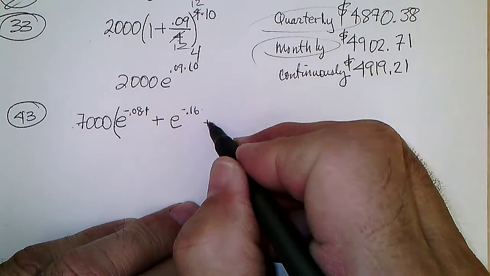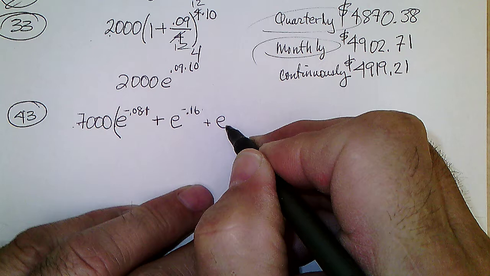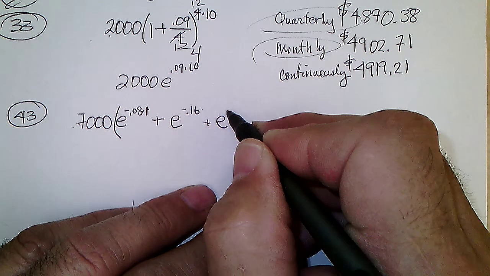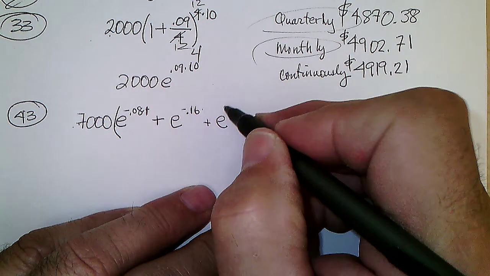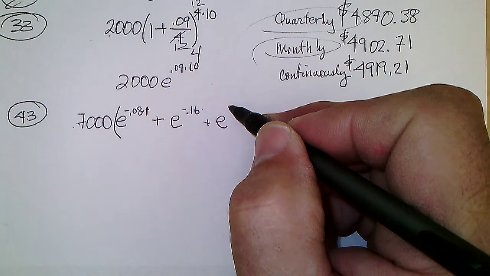And then the third 7,000, we'd have to wait. And how many of these are there? 5 years.